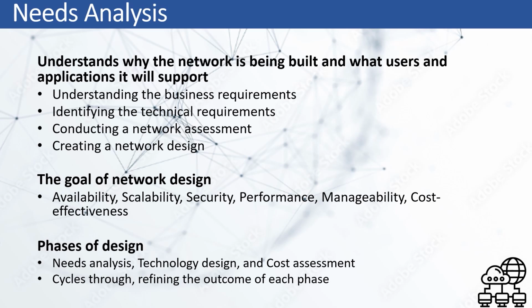And in performance, a network should be designed to provide high performance and low latency with adequate bandwidth and mechanisms to prioritize traffic. And then for manageability, a network should be designed to be easily managed and maintained with tools and processes to monitor and troubleshoot issues.